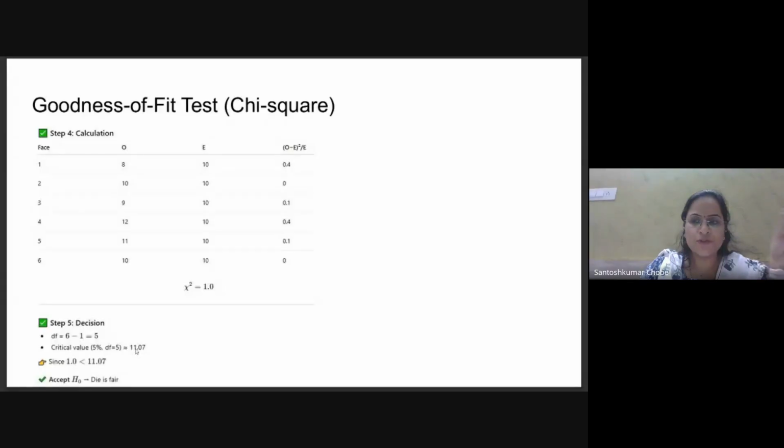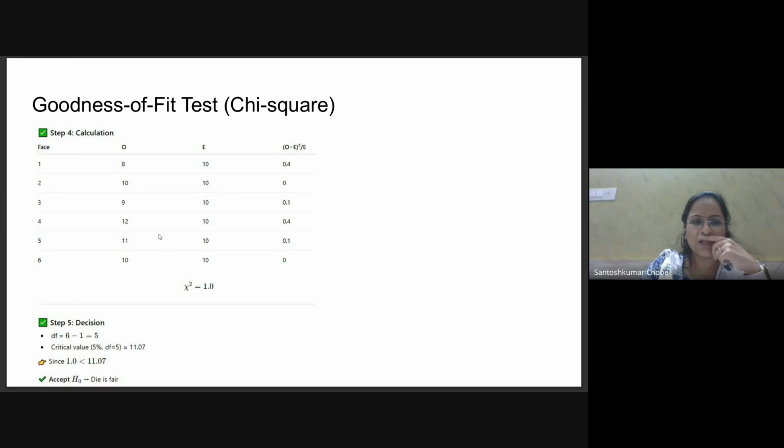Back to our numerical. At the degree of freedom of 5 and the significance level of 0.05, the value is 11.07. And what is the value I have received in my chi-square test? I have received 1.0. So this particular value is much lesser than the table value.